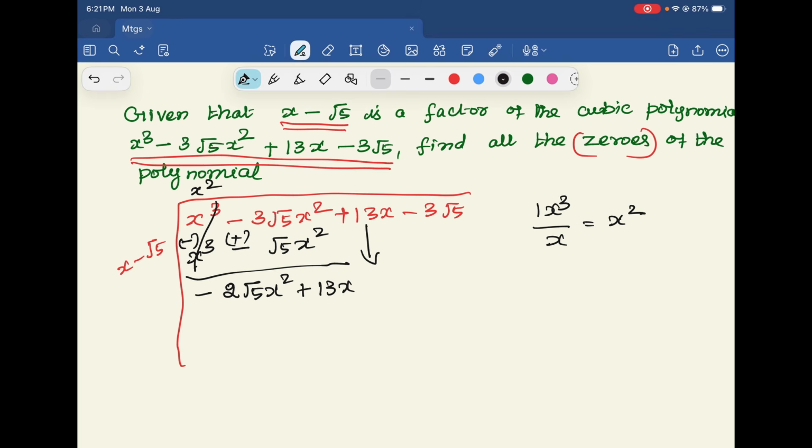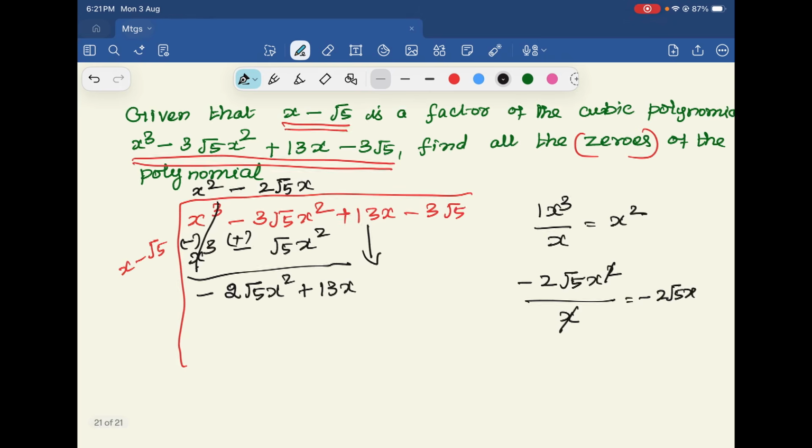Next, the term is minus 2 root 5 x square, divided by x, what you get? That is equal to minus 2 root 5x.